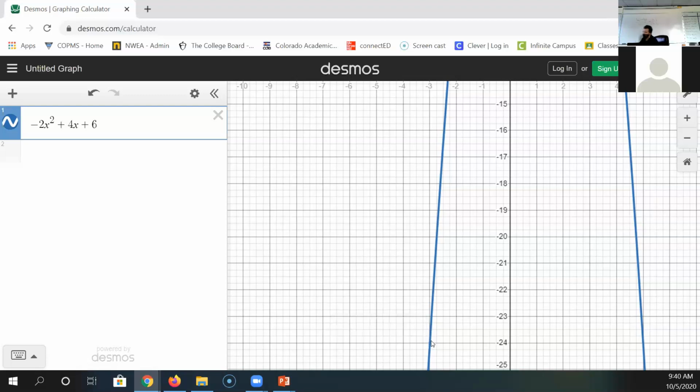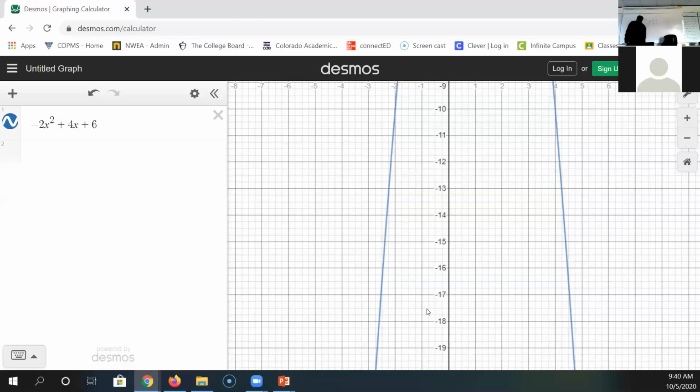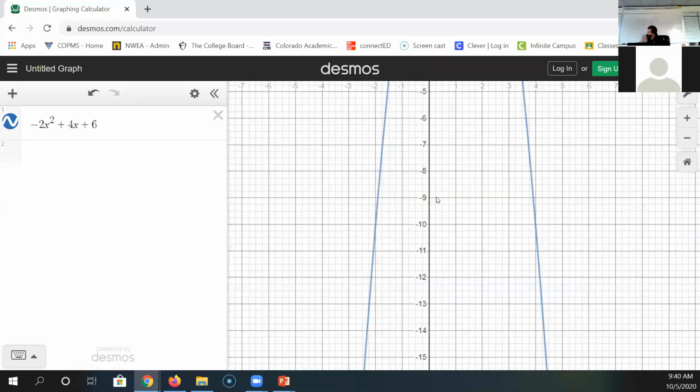Once again, they're just plugging negative 3 into that equation. We can do that algebraically, but it's not always the best thing. So we plugged in negative 3, we got a negative 24, and we want to find where it's at negative 1. This is probably my one complaint about Desmos.